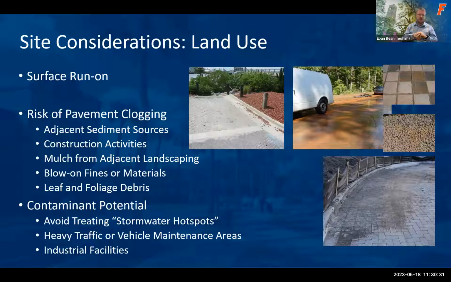I've actually seen some examples of that where they are isolated from that area. But also be careful with vehicle maintenance areas and industrial facilities, where pollutants can either infiltrate into the subsurface or enter the storm system if they accumulate in the permeable pavement system.